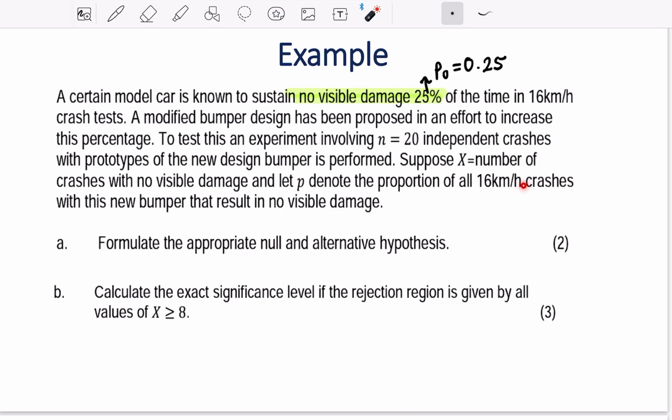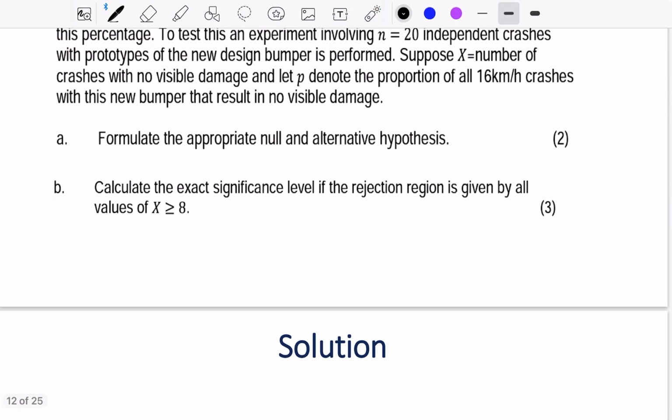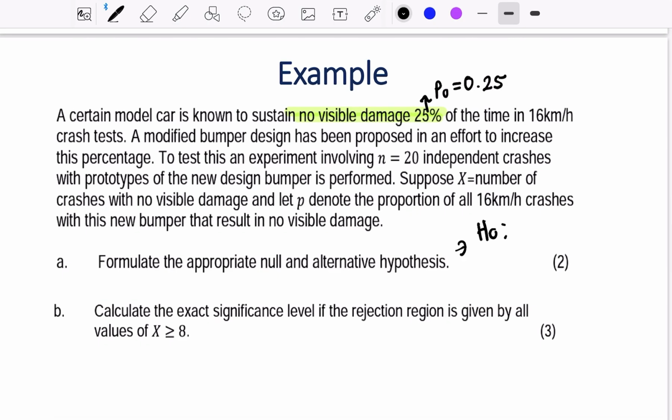So H naught is that p naught is equal to 0.25, and the alternative will be, because we're looking to increase that, p naught is greater than 0.25. Sometimes you have to read the scenario 2 times, like I did, to find out what the alternative hypothesis is that you're trying to test.